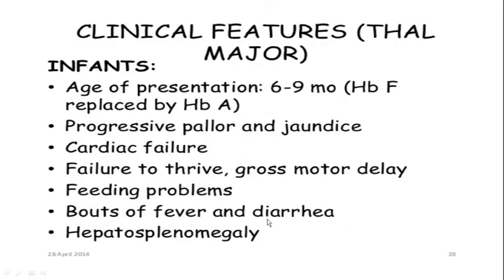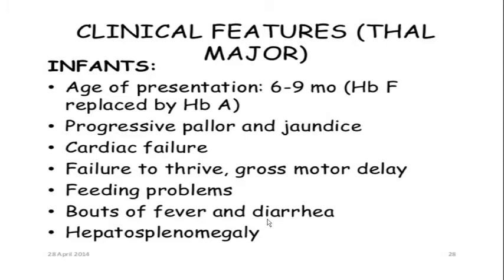So the clinical features: importantly, in a patient with thalassemia major, the age of presentation will usually be 6 to 9 months, because these individuals are protected by fetal hemoglobin until 6 months of age, and the infant will then immediately manifest thalassemia major.